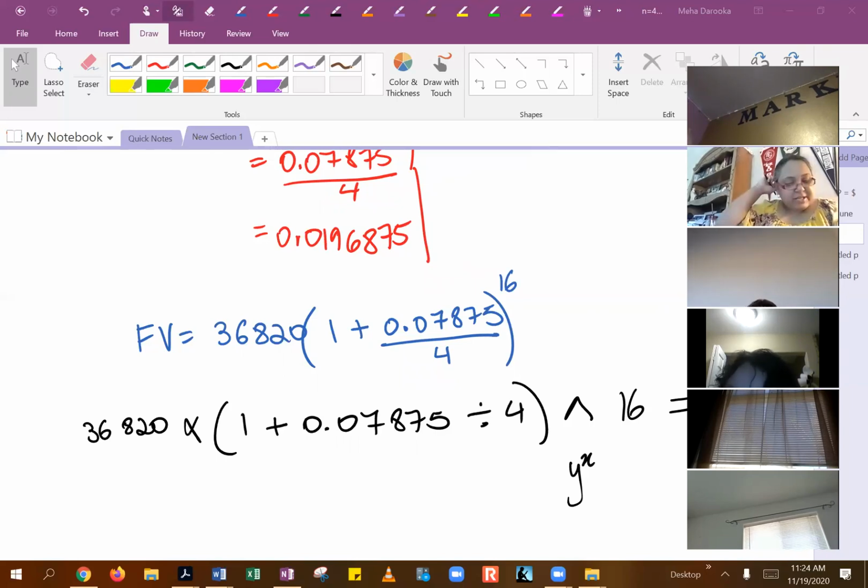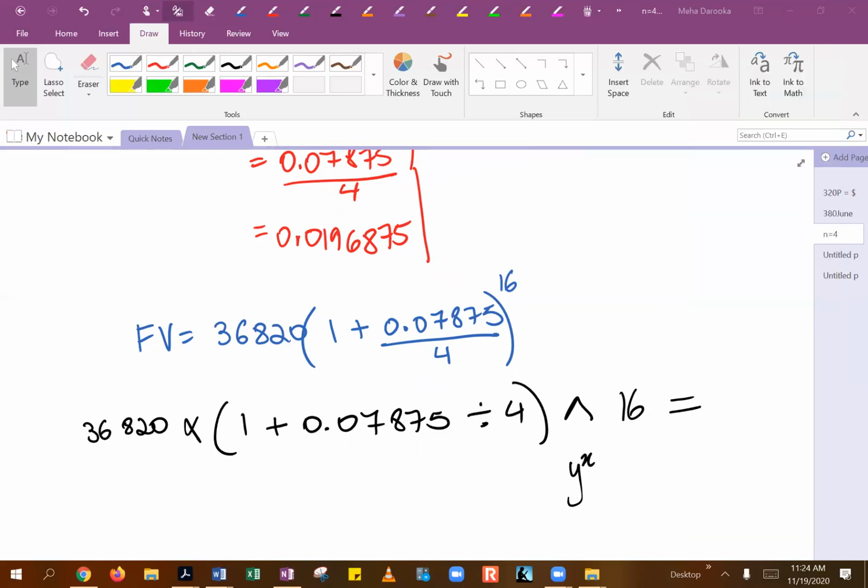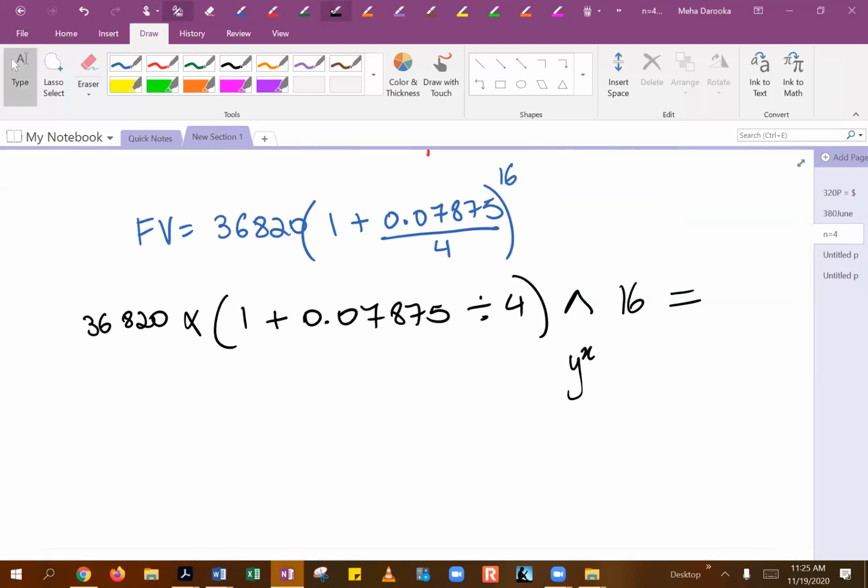Now, if your calculator is not allowing you to do all of this at the same time, then you may actually have to break it up into pieces. And if you have to break it up into pieces, then you probably want to start on the inside of the parentheses first. So in that case, I would say start with the 0.07875 divided by 4, hit enter.